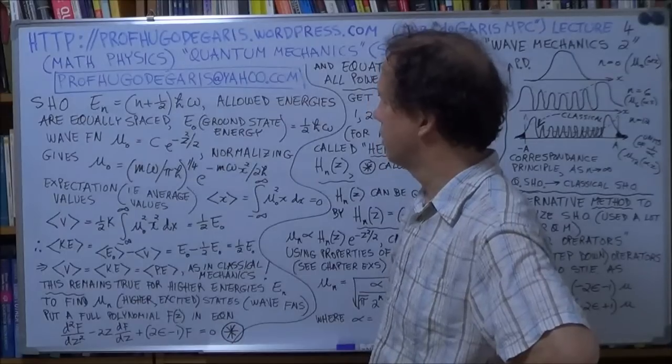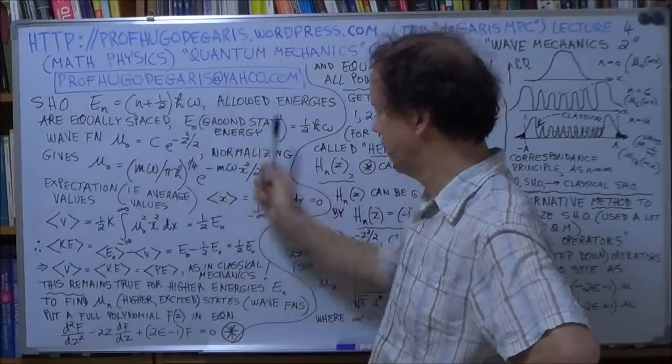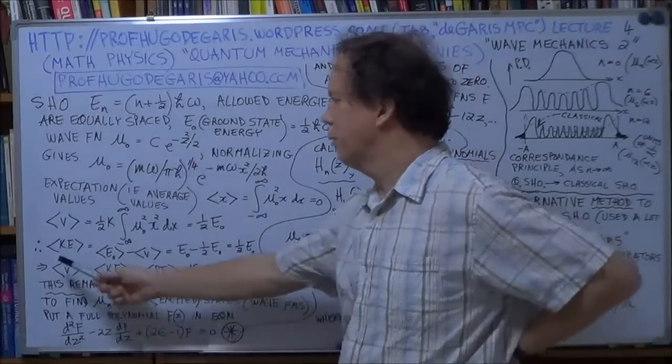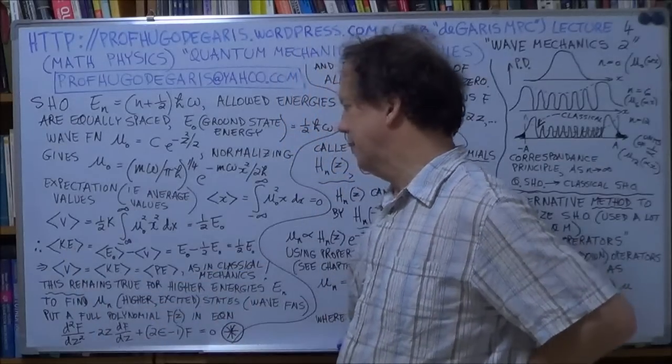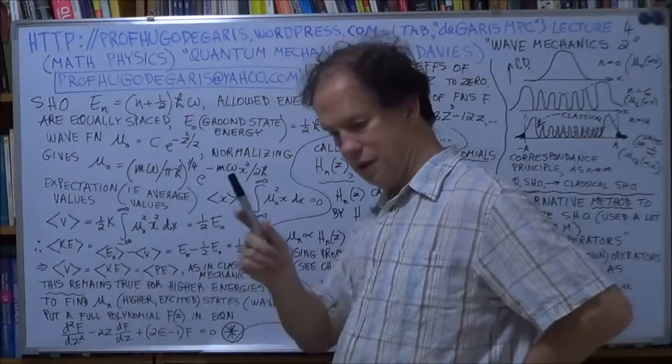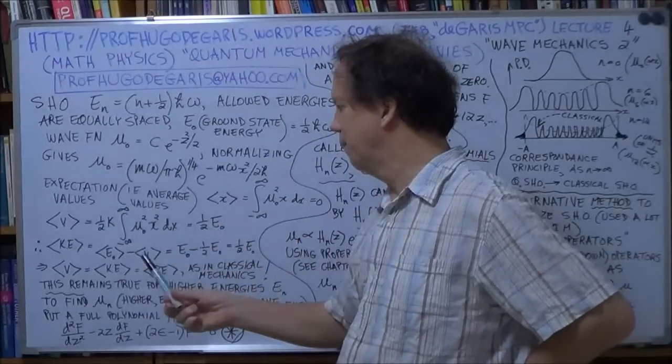So it's just a half of E naught. So what would that be? A quarter of h bar omega, right? Now, what about the expectation value of the kinetic energy? Well, the total energy is kinetic energy plus potential energy.